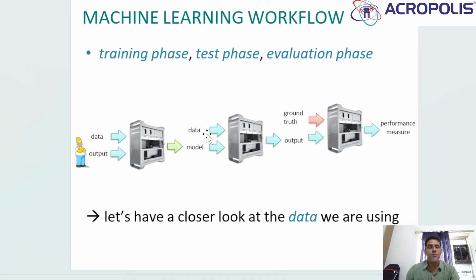Now, any new or unseen data will be fed to the machine with our trained model. It is going to give the output, and this output is going to be compared with the ground truth, that is the base or benchmark, and based on this ground truth we will compare the performance, that is how accurate or how precise our output is as compared to the ground truth.